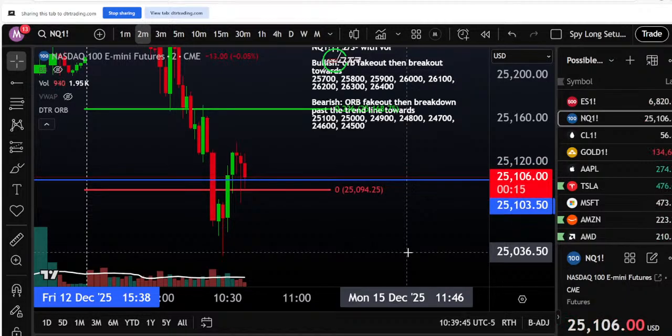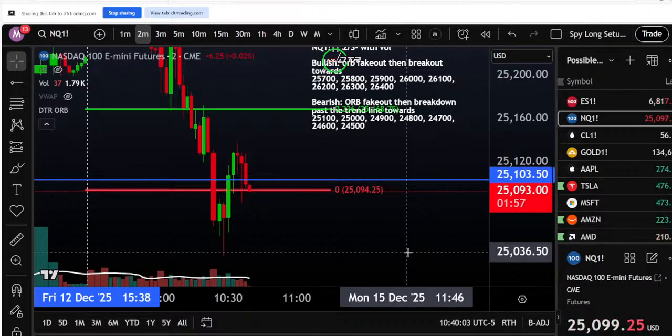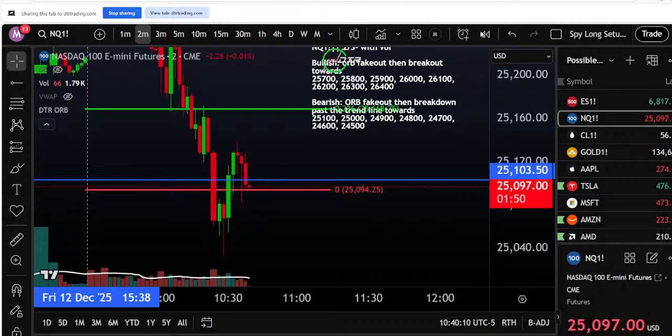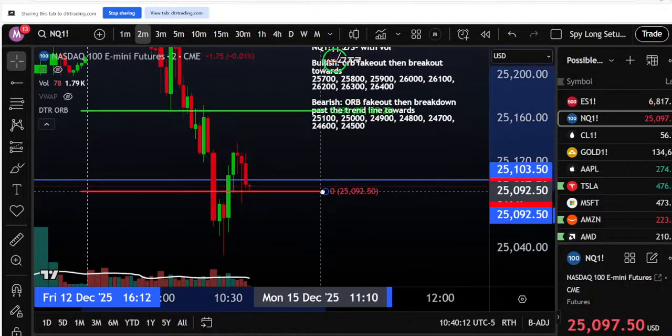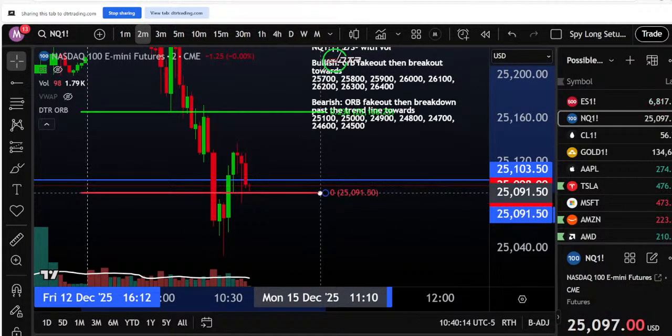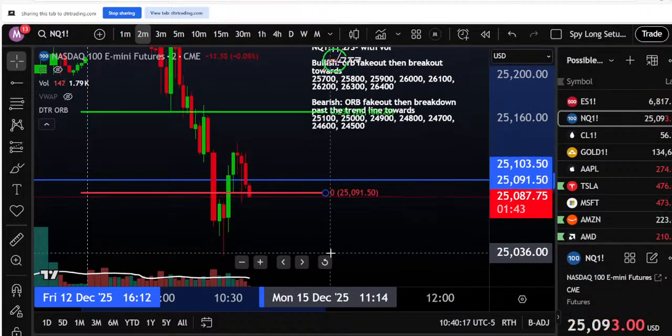Okay, so watching here carefully. It'd have to be stop loss now, I don't know, 91.50.